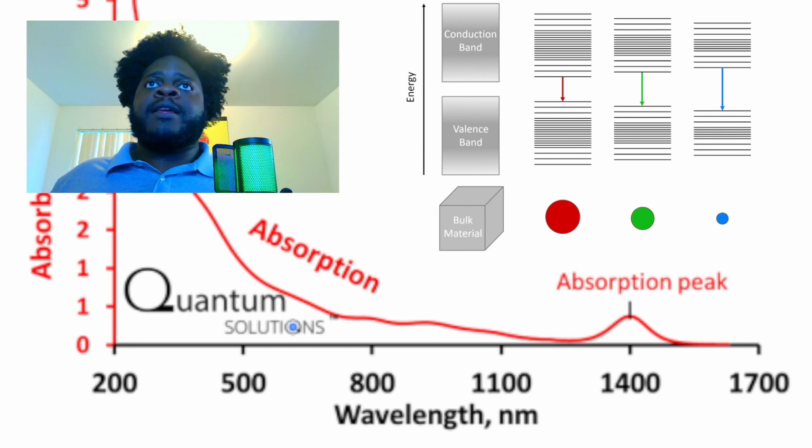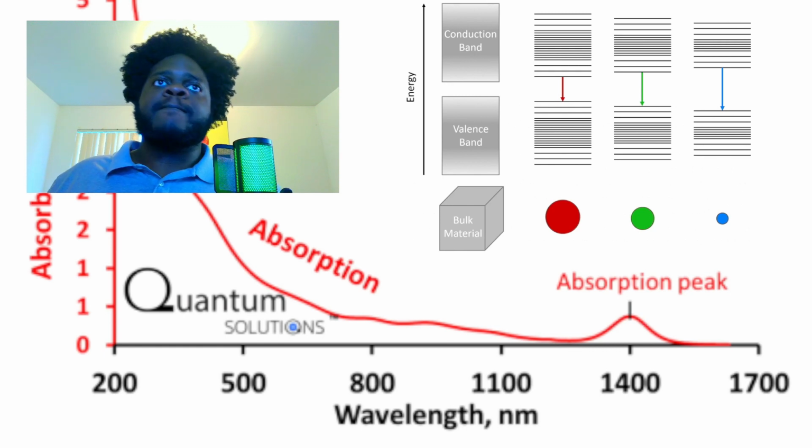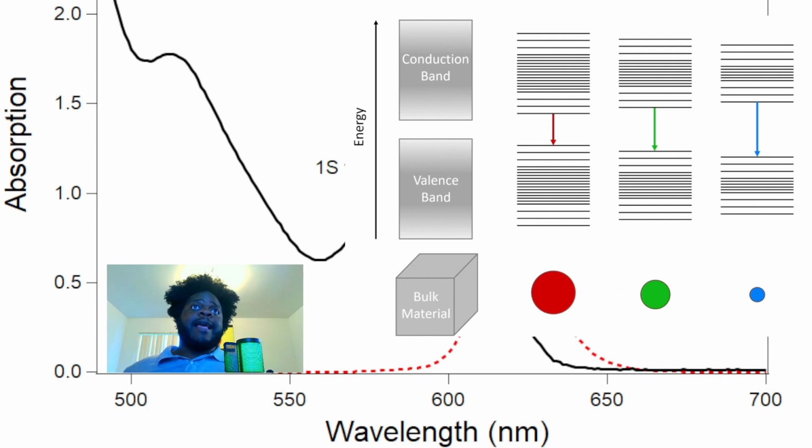So this right here, the absorption peak, is this gap between the valence band and the conduction band. And this tail you see is these higher bands in the conduction band and the valence band. This restriction in the allowed energy levels, or quantization, is also why quantum dots are sometimes referred to as artificial atoms, because they have these really discrete quantized energy levels, the same way that atoms do.